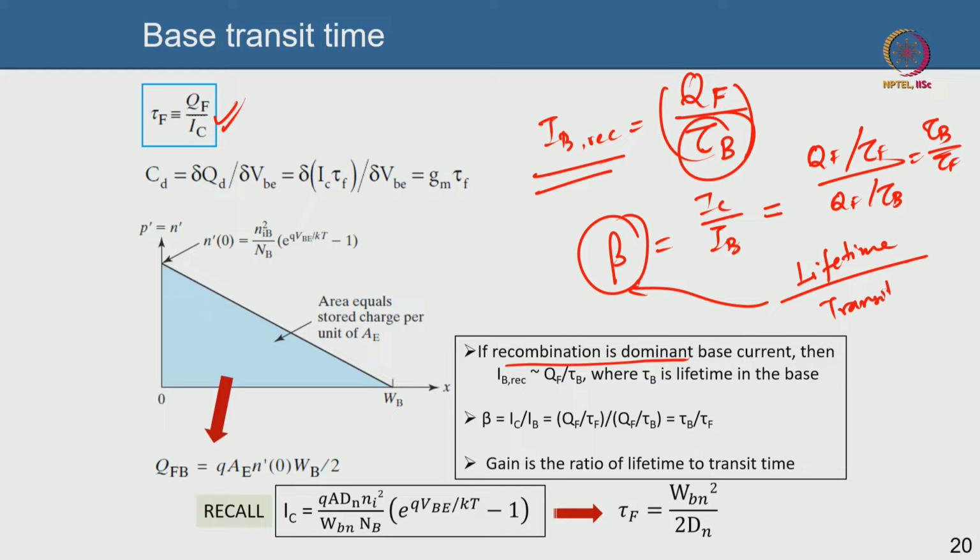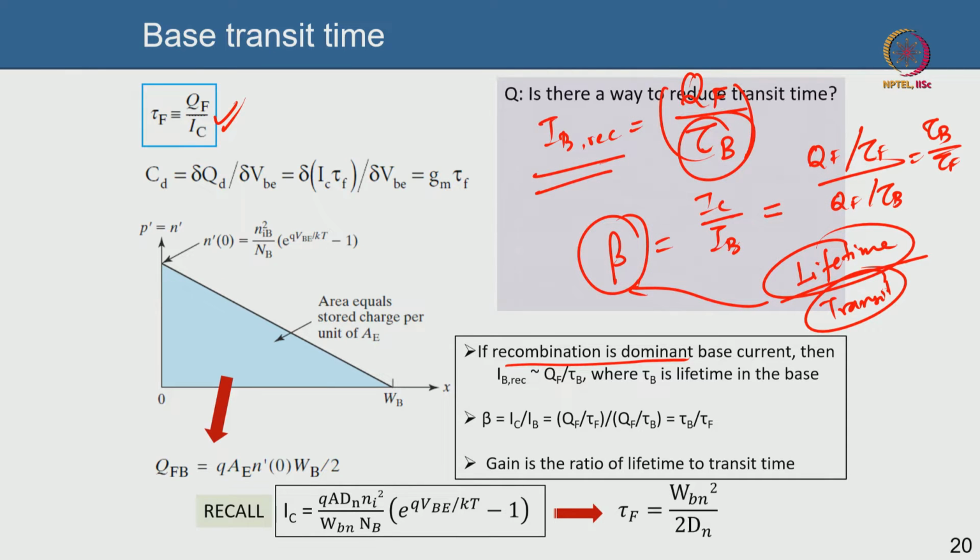If back injected holes from the base to the emitter is a dominant component, then this will not hold true. So the minority carrier lifetime by the transit time in the base gives you beta to first order. Please remember that, it's very important.